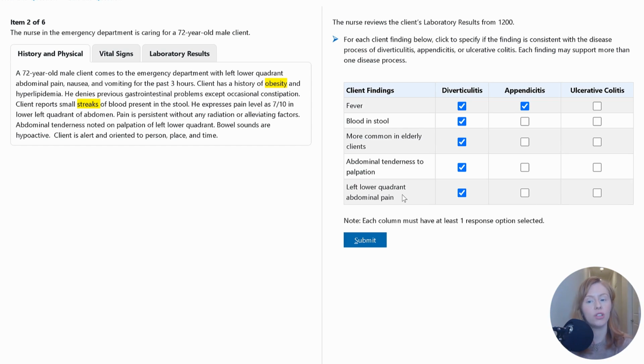We just discussed how appendicitis occurs in the right lower quadrant and is different from diverticulitis for that reason. So I'm not going to select the left lower quadrant pain, but abdominal tenderness to palpation is the hallmark of appendicitis. You might remember some of those special maneuvers you can do, like the Rovsing maneuver, where you palpate the left lower quadrant and then you have pain on the right side where that appendix is. So I'm going to select abdominal tenderness to palpation. It's just not going to be in the left lower quadrant.